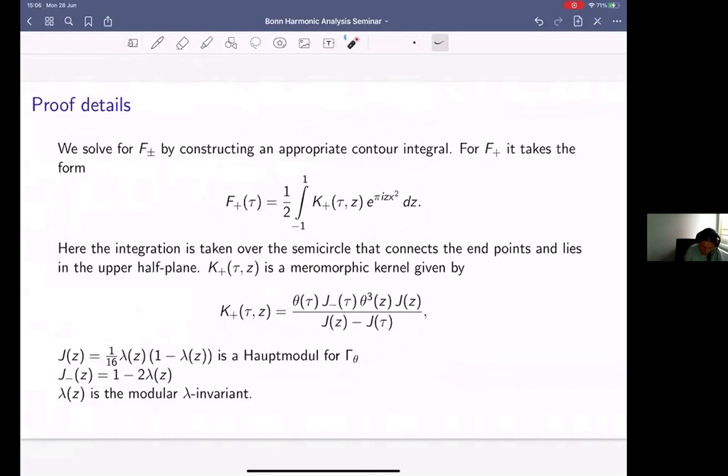It will be integration along a contour which goes from -1 to 1 in the upper half plane. The integral will look like this. Here we would have our upper half plane, and this would be our contour.